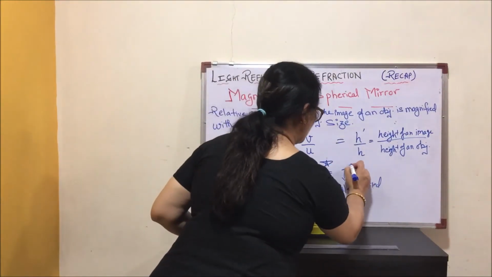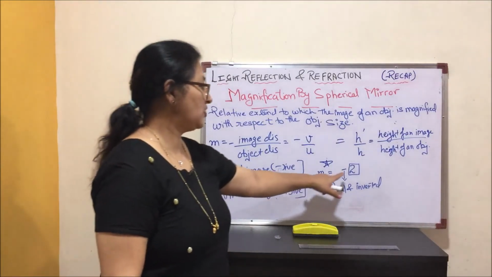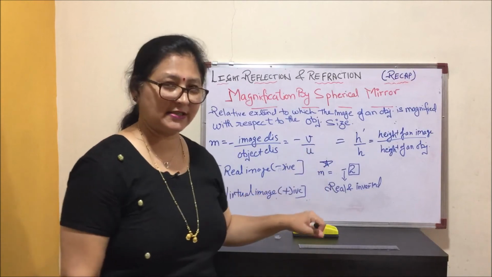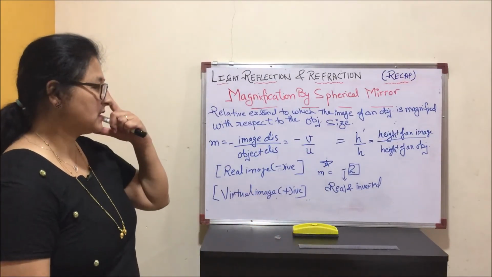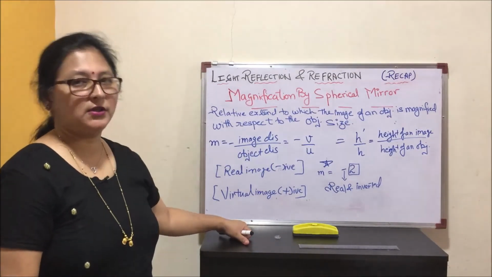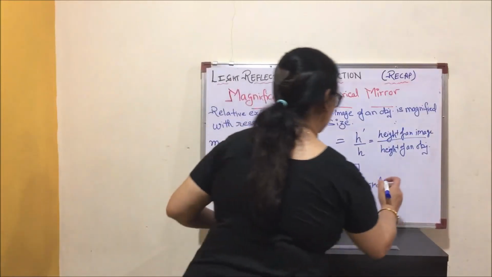But what about 2? If I tell you magnification is 2, that means magnification is greater than 1. It means the height of the image is more than the height of an object, right?